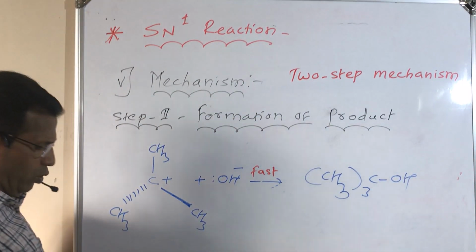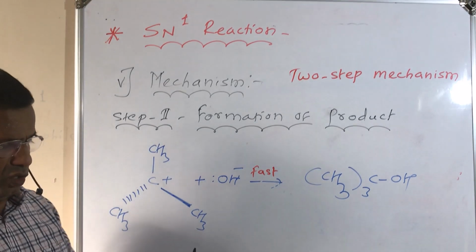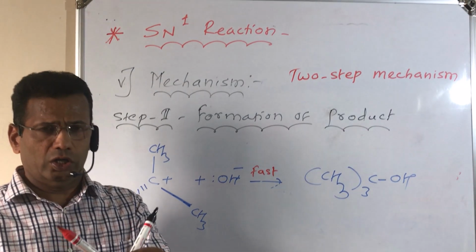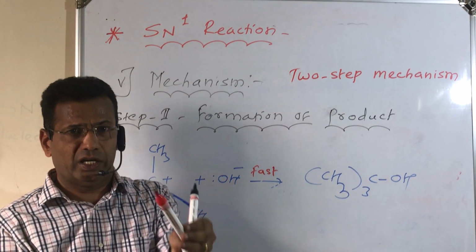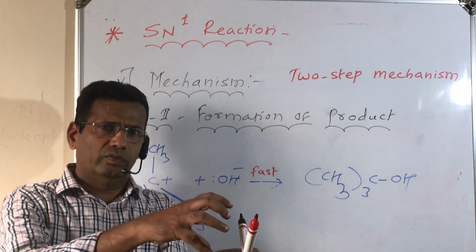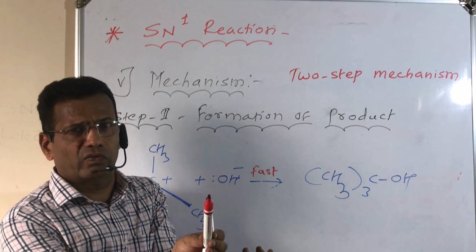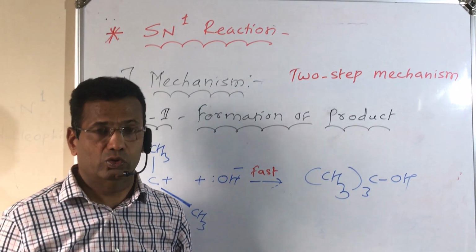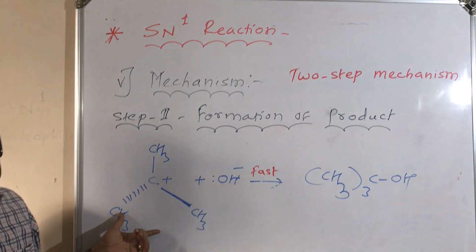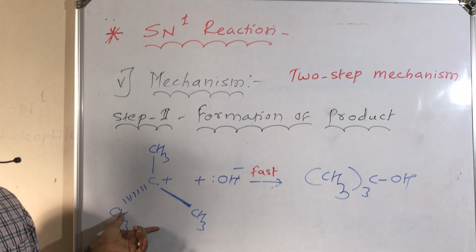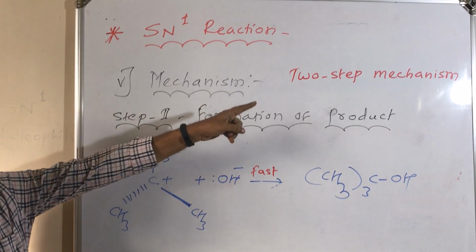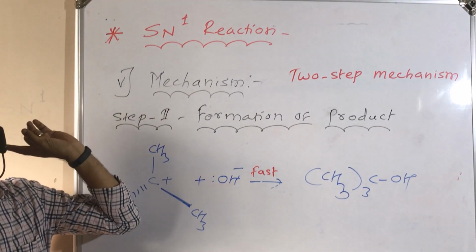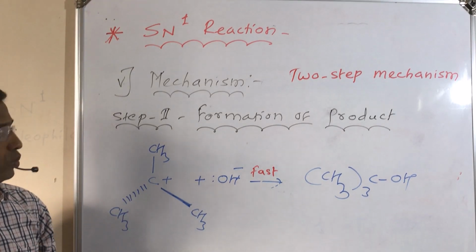On this planar trigonal geometry, OH minus ion attacks either from the back side or from the front side. So the product formed here is T-butyl alcohol. This step is a very fast step, and the mechanism of the reaction is called a two-step reaction mechanism. I think you have clearly understood.